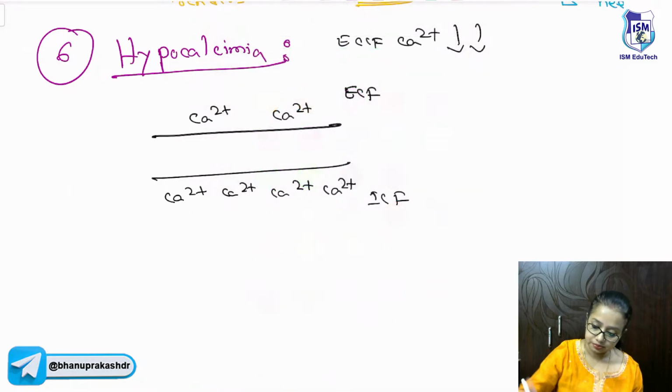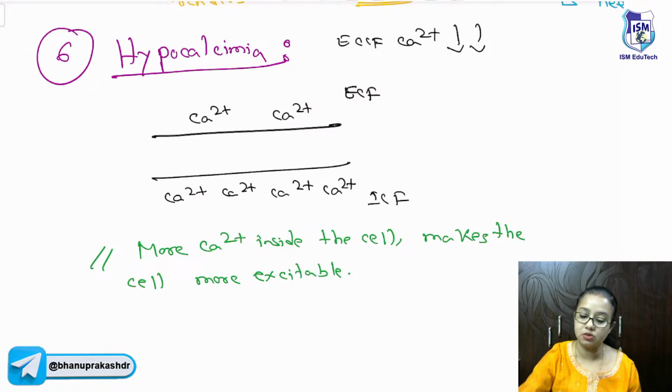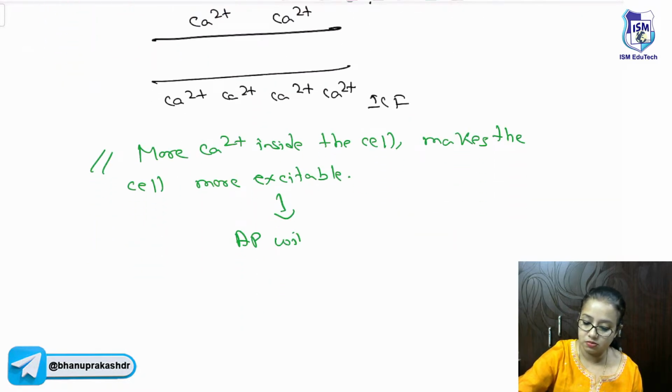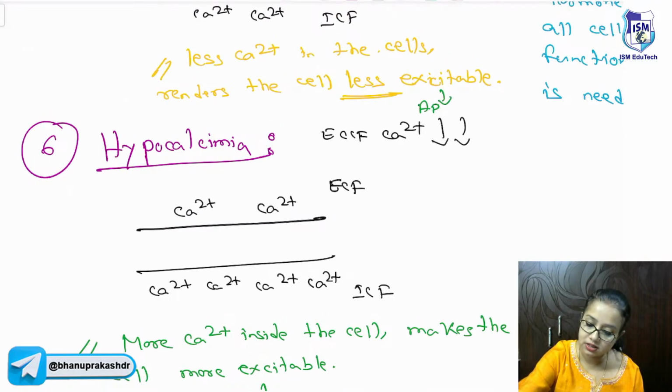So more calcium inside the cell makes the cell more excitable. Okay, it makes the cell more excitable. So the action potential will be faster, and in hypercalcemia the action potential will be slow.